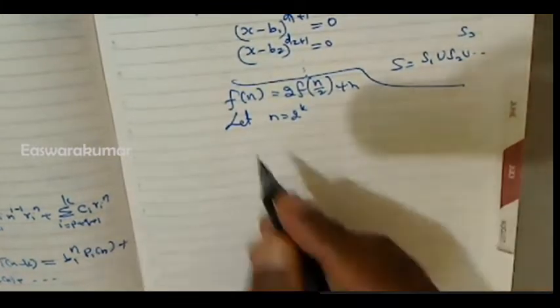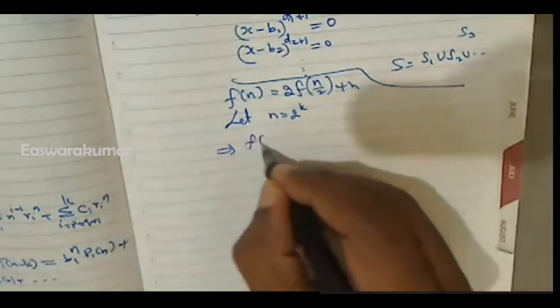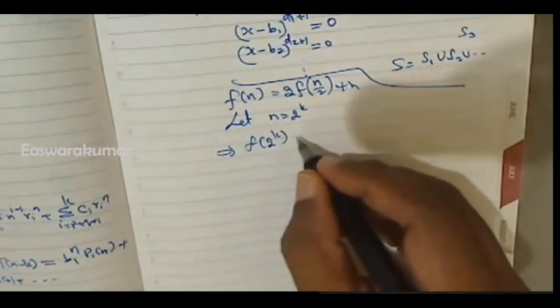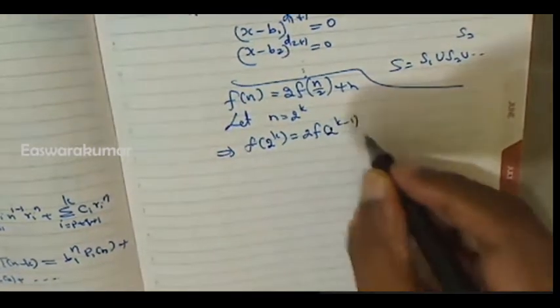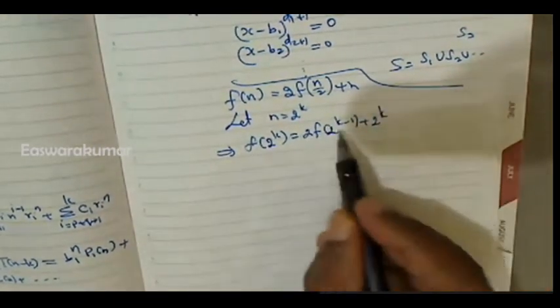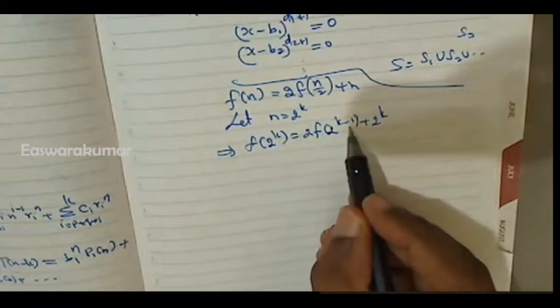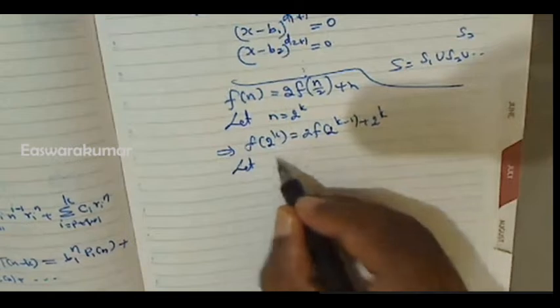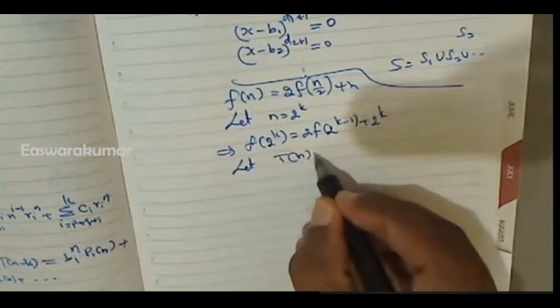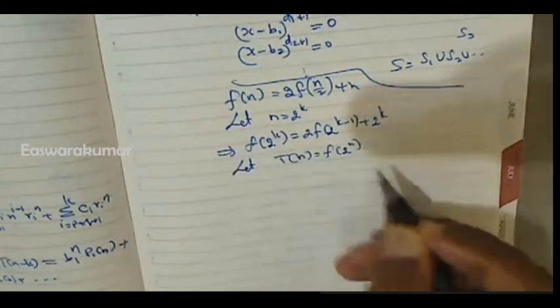So what happens? This is f of 2 power k, which is equal to 2f of 2 power k minus 1 plus 2 power k. Now the k minus 1 format comes, but it is not straight. So once again we say let t of n is equal to f of 2 power n.